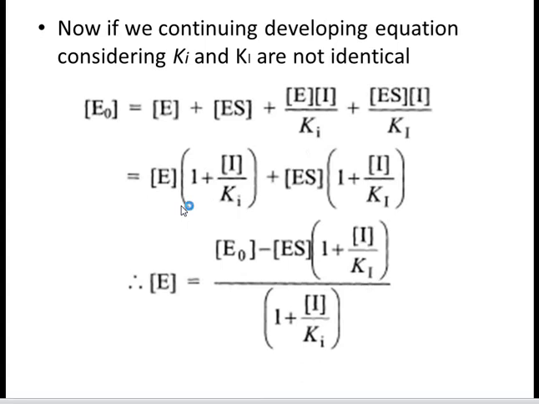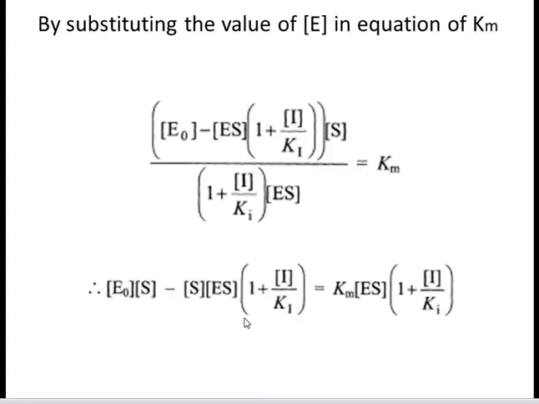Now if we substitute the value of this E into the equation of Km, then we get Km is equal to, in brackets, concentration of E0 minus concentration of ES, whole into 1 plus concentration of I divided by K capital I, this into concentration of S divided by, in brackets, 1 plus concentration of I divided by K small i, into concentration of ES.